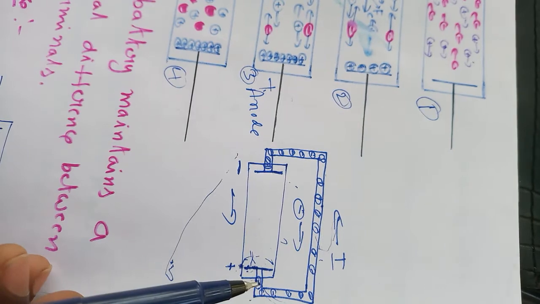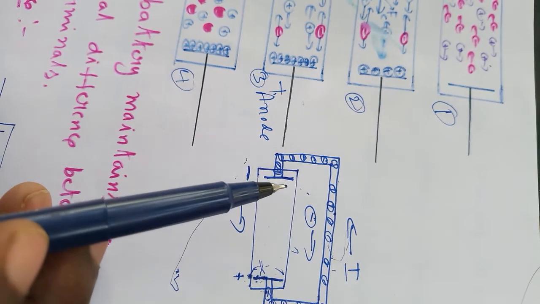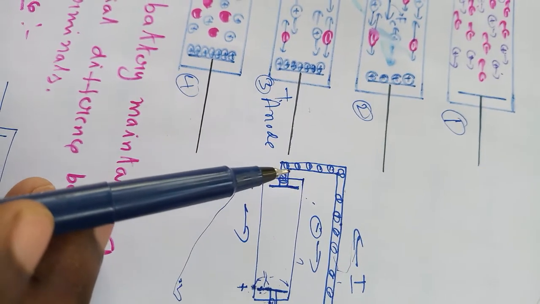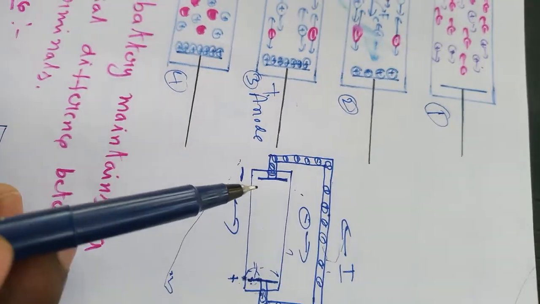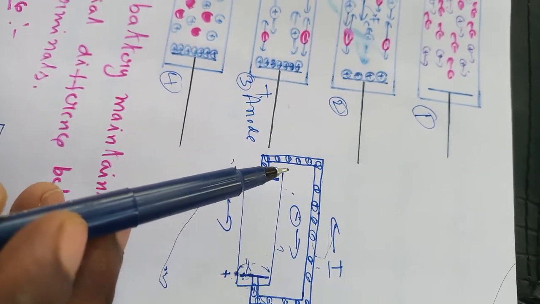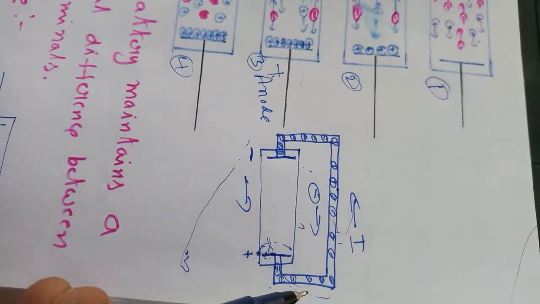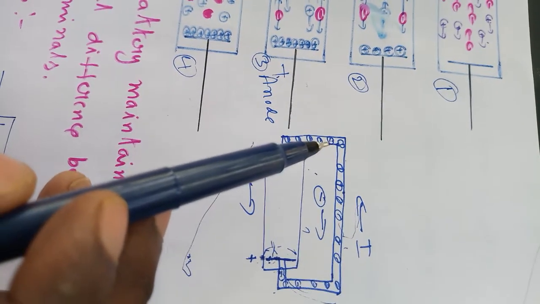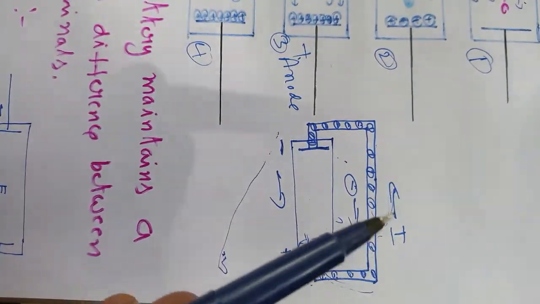See here, when one electron enters into the positive terminal, then the negative terminal pushes an electron into the conductor. So when an electron enters into the positive terminal from a conductor, and that same number of electrons enters into the conductor from the negative terminal, there is no change in the number of electrons in a conductor.